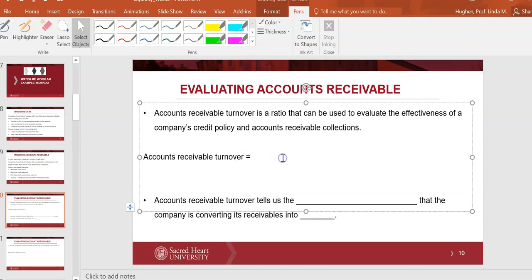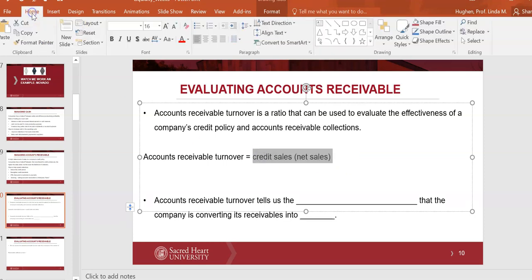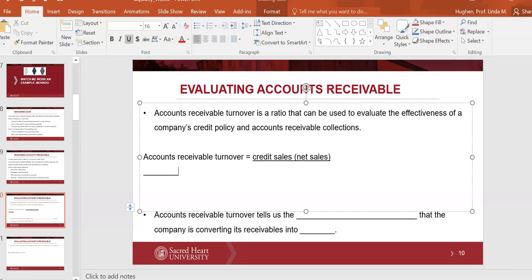The accounts receivable turnover ratio is measured as a company's credit sales, and when we are analyzing companies' financial statements through the SEC, we typically don't find credit sales, so we typically use net sales, that top line on the income statement. If we're within the company, we can definitely get a better measure by looking at exactly what our credit sales are, taking out our cash sales. There are no receivables related to the cash sales.